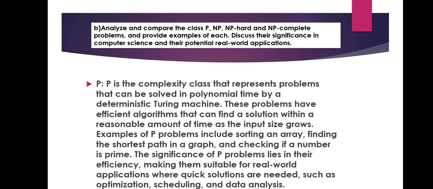P is the complexity class that represents problems that can be solved in polynomial time by a deterministic Turing machine. These problems have efficient algorithms that can find a solution within a reasonable amount of time as the input size grows. Examples of P problems include sorting an array, finding the shortest path in a graph, and checking if a number is prime.